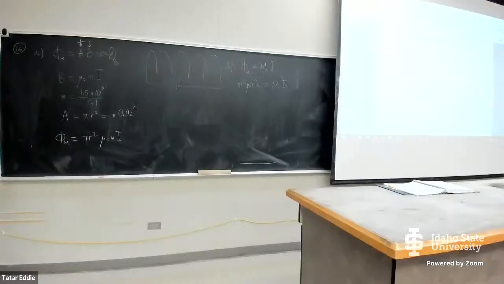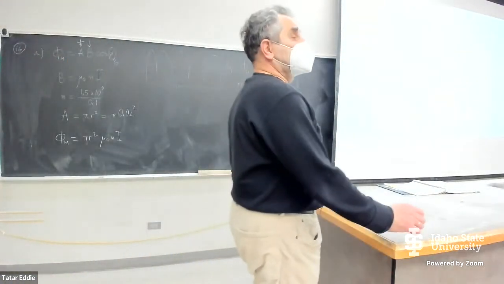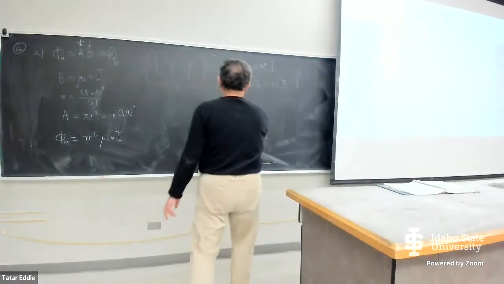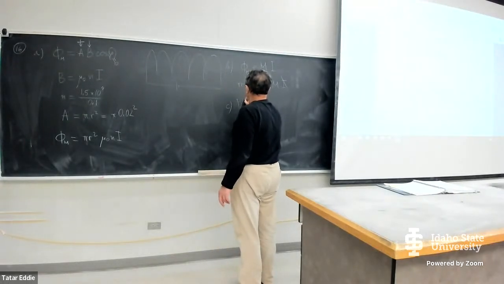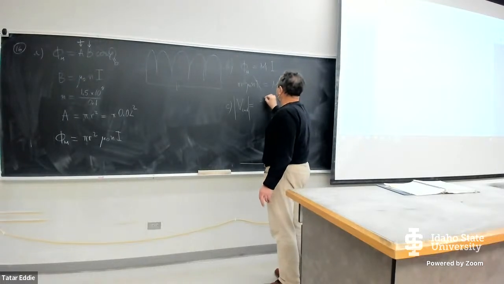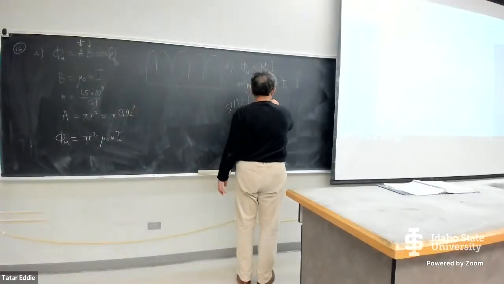Any remarks? Okay, part C, determine the induced EMF in the small loop. Well, by definition, the induced voltage in the small loop is going to be, in magnitude, equal to the rate of change of magnetic flux.